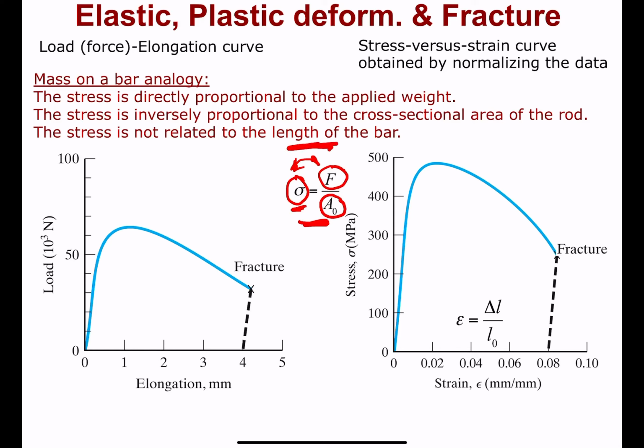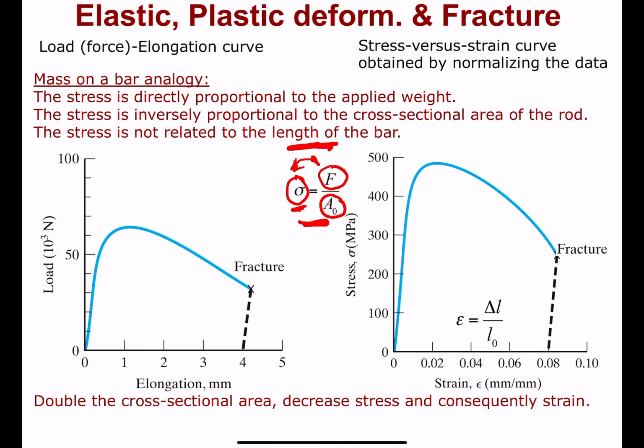Okay, it's only the cross-sectional area of the bar that is coming into account here. So it doesn't matter how long you make the bar or how short you make the bar, it's the cross-section of that bar that is key to the characteristics of the stress strain curve. Okay, so stress is not related to the length of the bar.